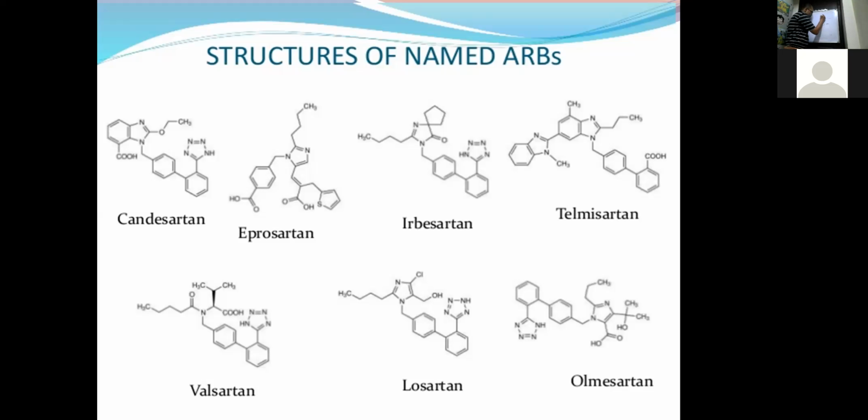It is a methyl, and again it is connected to another methylated benzimidazole. So this is the structure of your telmisartan. These many examples are enough for you if you remember them for the exam.